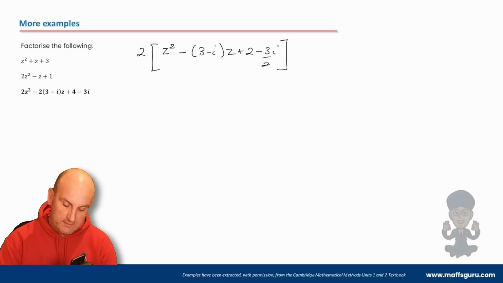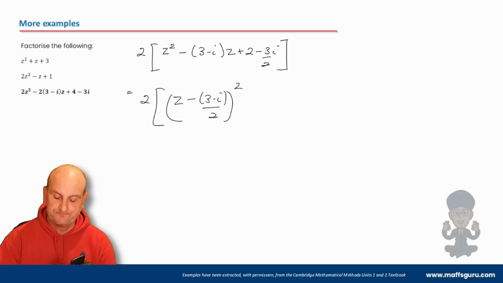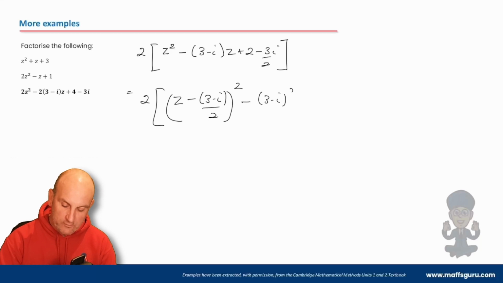Okay, so completing the square, I get 2 lots of z minus (3 minus i) all on 2, all squared. Right, (3 minus i) on 2 all squared is going to give me plus, I want to minus from that, (3 minus i) all squared on 4.